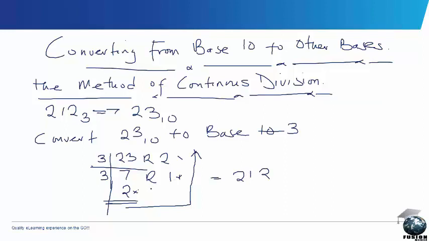So the remainders of this division consist of the base number we want to convert to. Okay, you can see a relationship between this and the previous value from which it was converted.